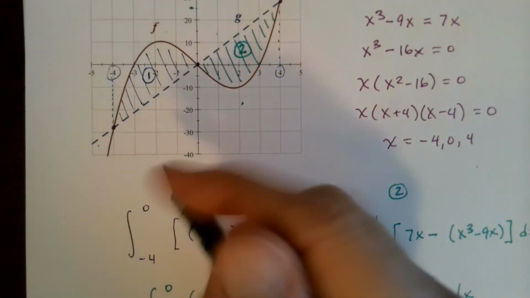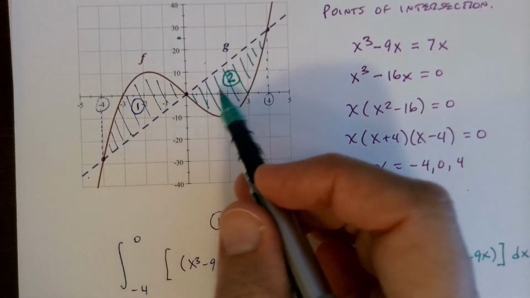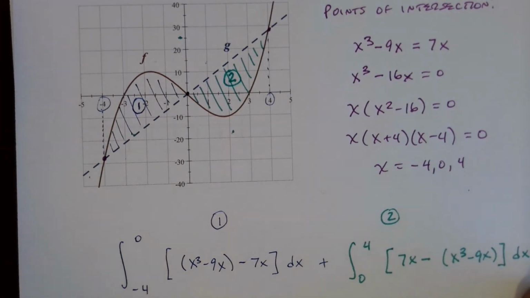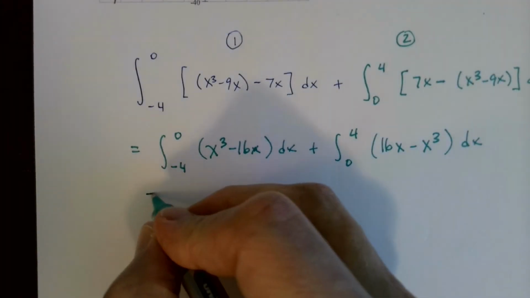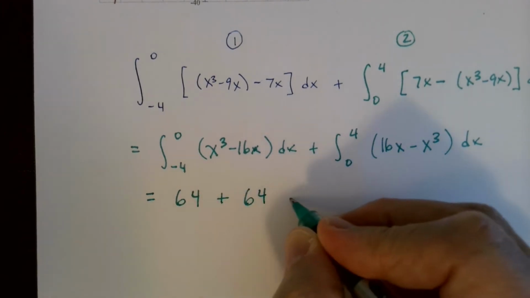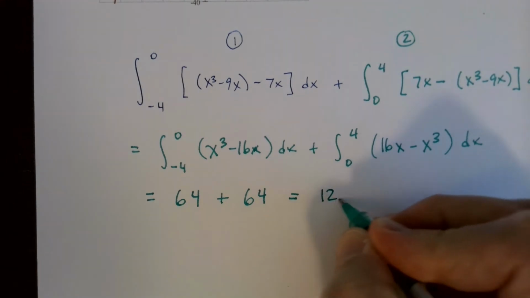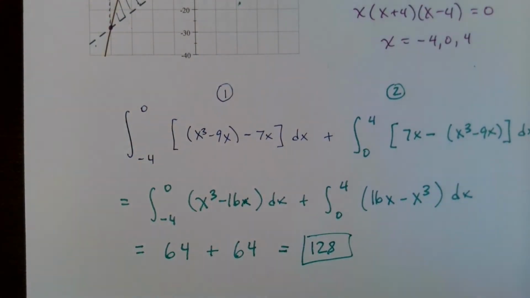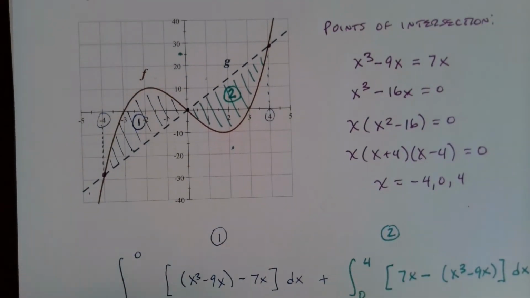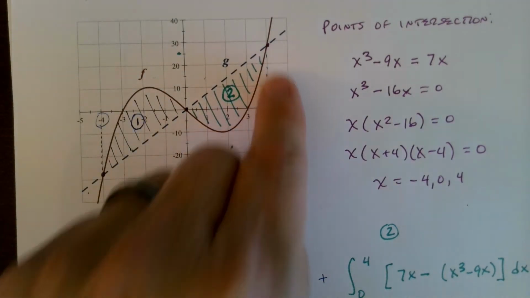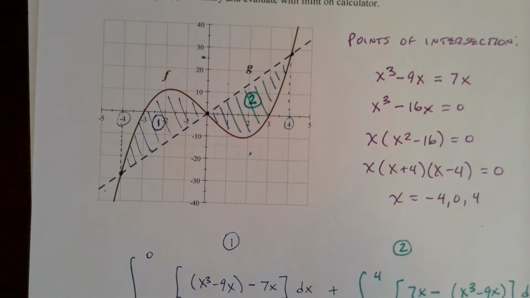Well, if you look at the two regions, there's some symmetry going on here, and you can see why those two regions have the same area, 1 and 2. Be careful, it's not always perfectly symmetric problems, but the total then, 64 plus 64 is 128. Okay. So you can see we might have to split up the integral into more than one if the roles are changed where the top and bottom function are different.